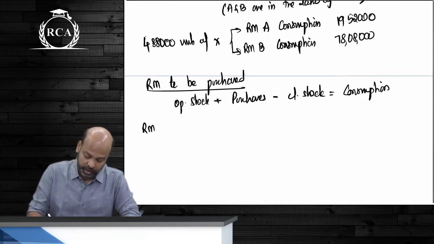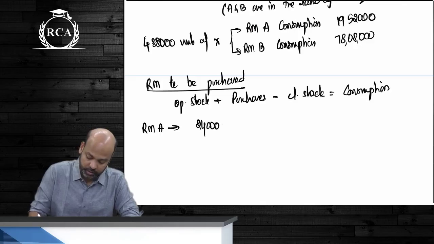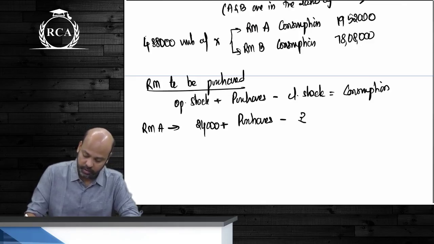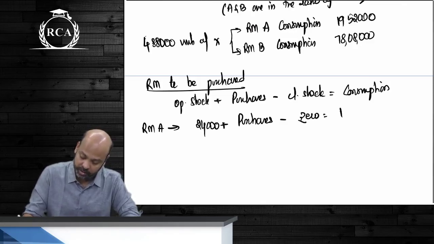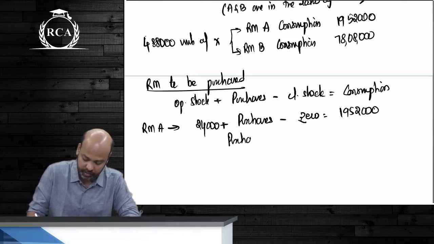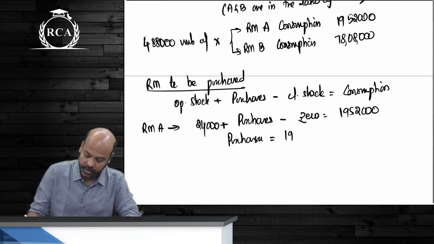For raw material A, opening stock how much is it? 24,000. Purchases we have to compute, closing stock is 0, consumption is 19,52,000. How much will be the amount of purchases? 19,28,000.